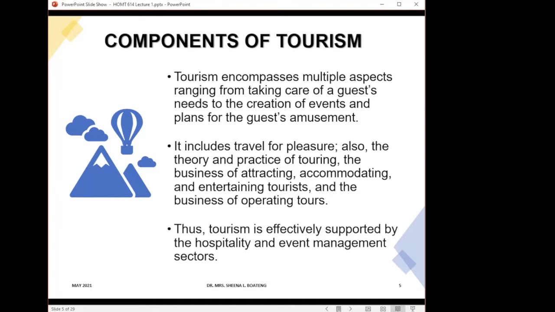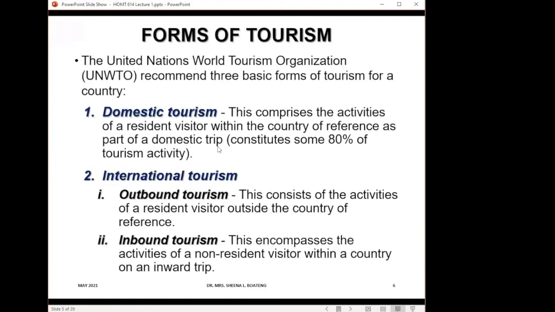All right. Moving on from the component of tourism, let's talk about the different forms of tourism. According to the United Nations World Tourism Organization, there are two main kinds of tourism: domestic tourism and international tourism. Domestic tourism comprises the activities of a resident visitor within their own country of reference, making a domestic trip.